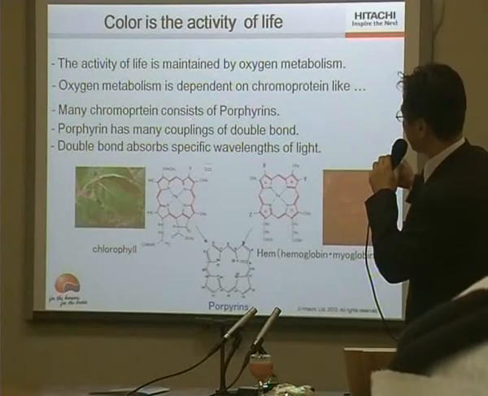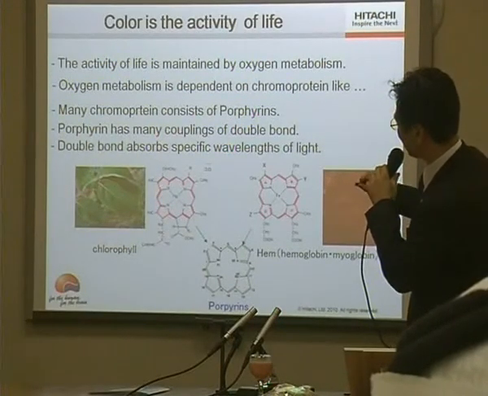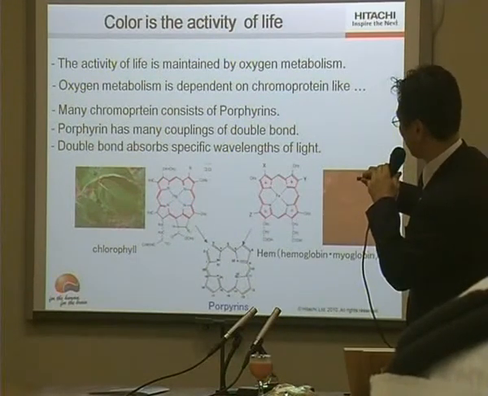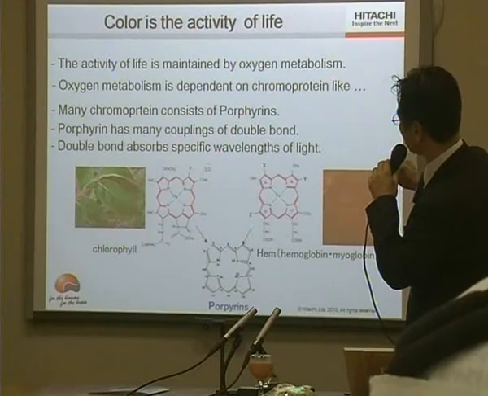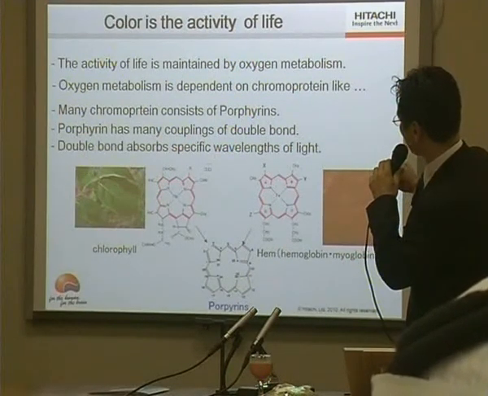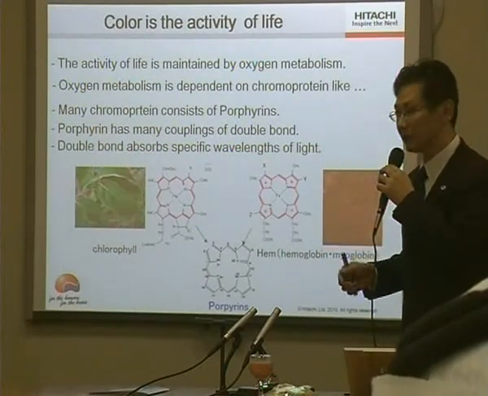And many chromoproteins consist of porphyrins. Porphyrin is this pink chemical structure. And porphyrin has many couplings of double bonds like here, and the double bond absorbs specific wavelengths of light. That is the meaning of using near-infrared light.